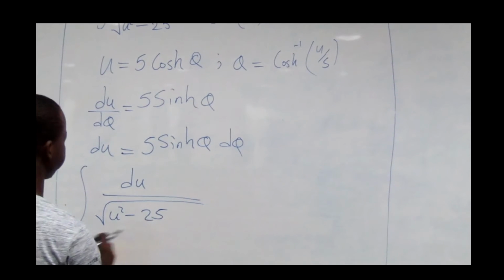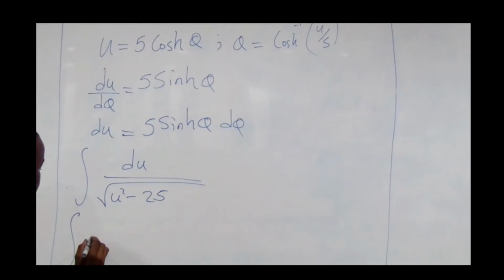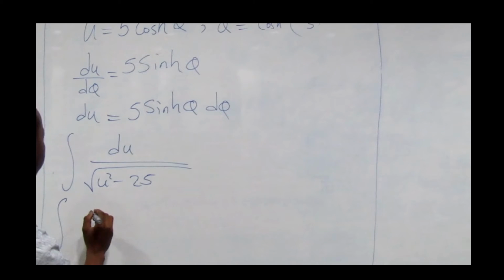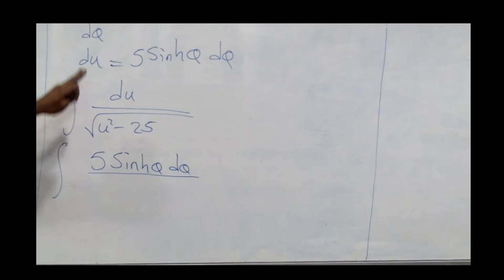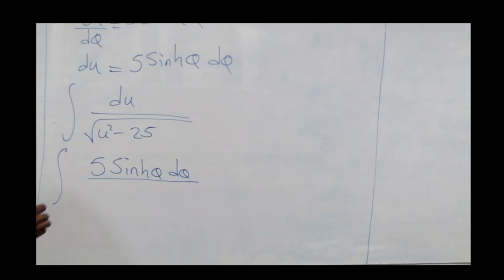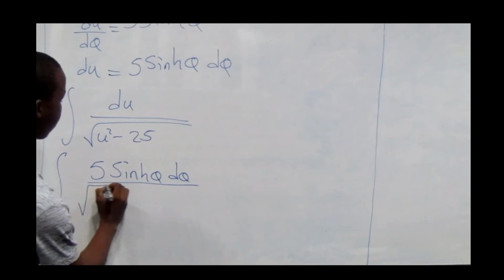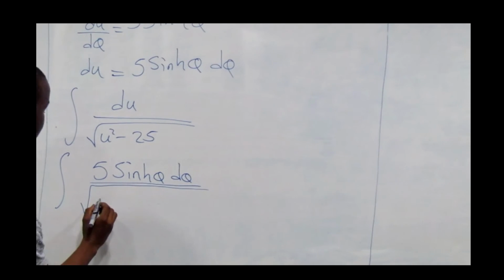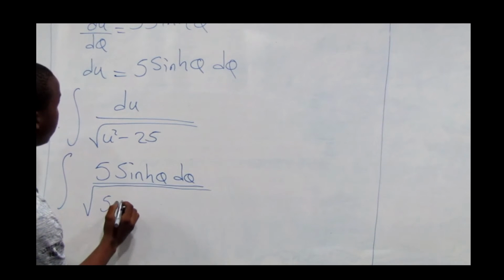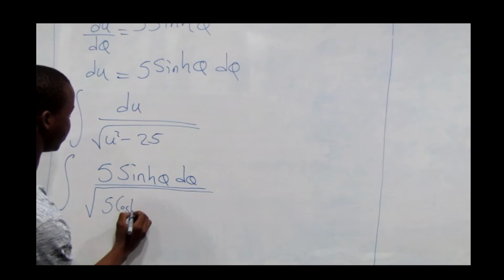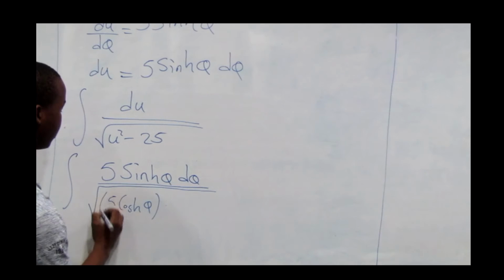Then we say our du is 5 sinh theta d theta. Then our u, substitute accordingly. Our u is 5 cos theta, the whole square.